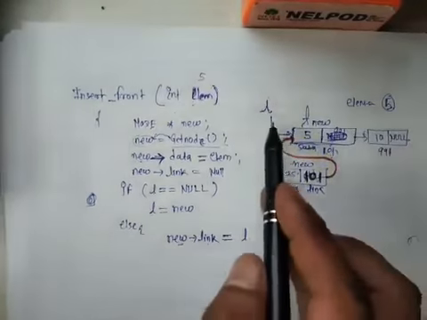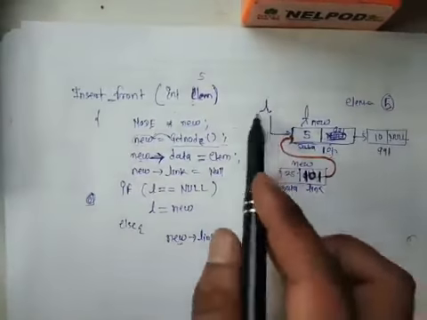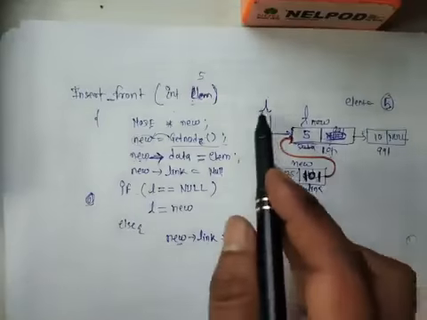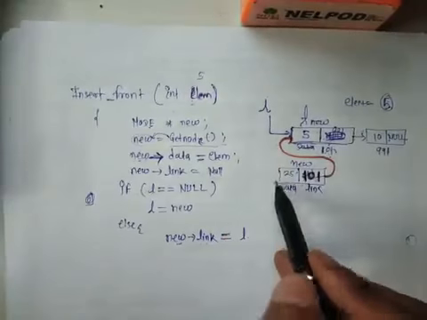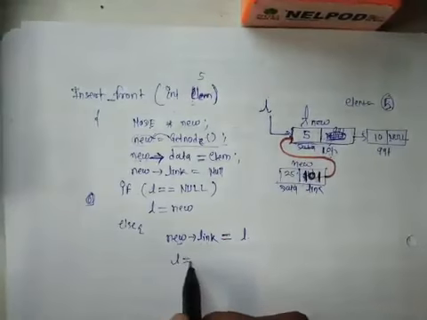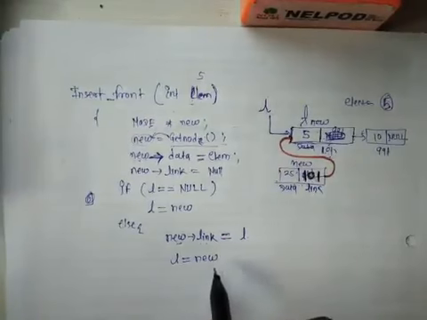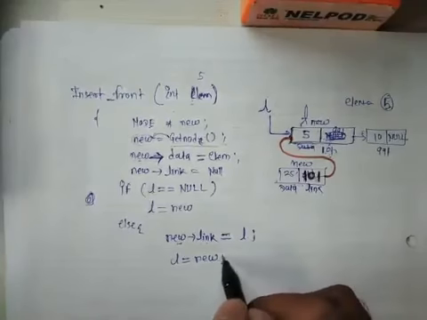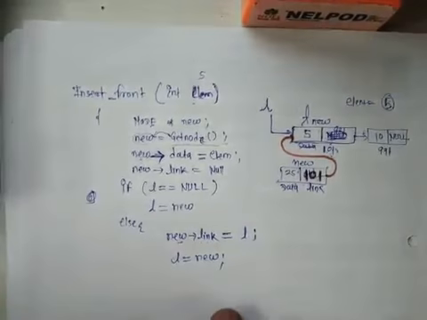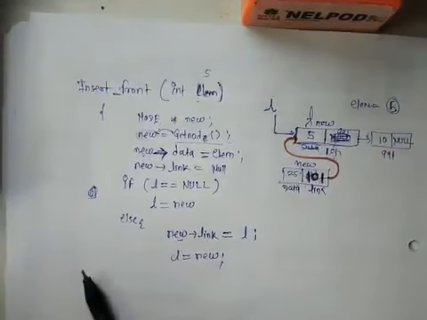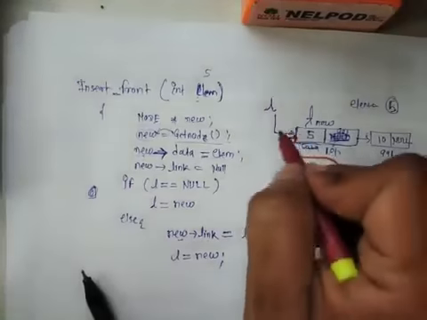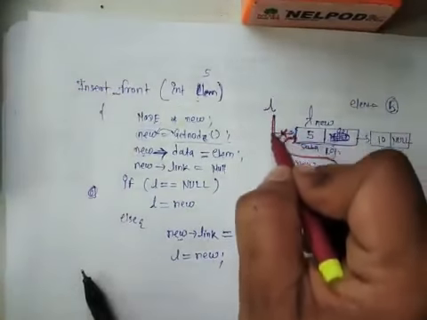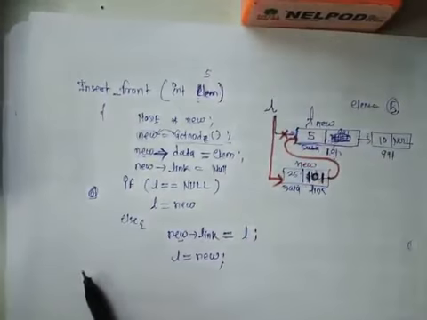Now what I want to do, our starting node must be 25, so L must point to 25. So the next line is L is equal to new. Just end with a semicolon. Every statement must end with a semicolon. So L is equal to new. By default this will vanish and L will point to the new node, that is 25.